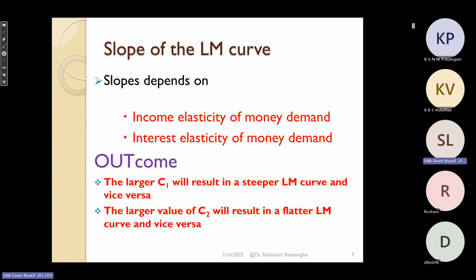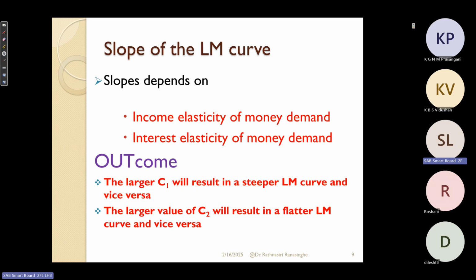Now what is the outcome when C1 is high or low? If C1 is high, a small change in income significantly affects the money demand. There is a high sensitivity between income and money demand.